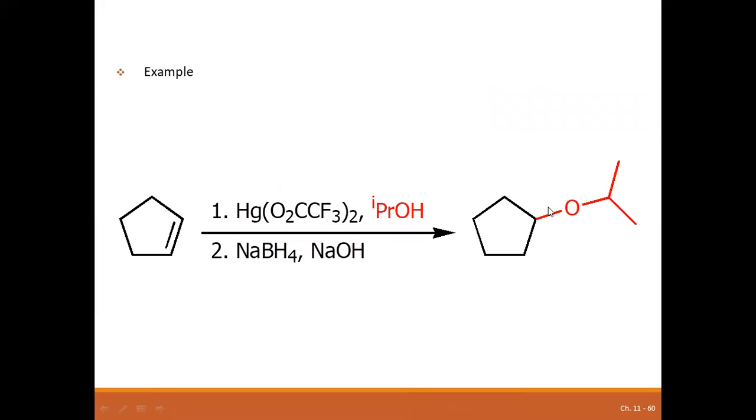So you have your O carbon, the isopropyl alcohol here. And then it will be further reduced with sodium borohydride with hydrogen.